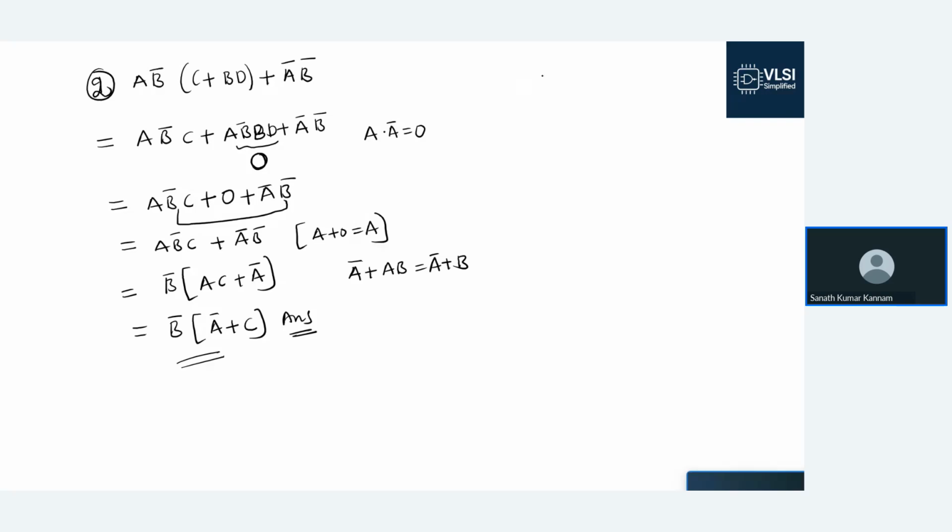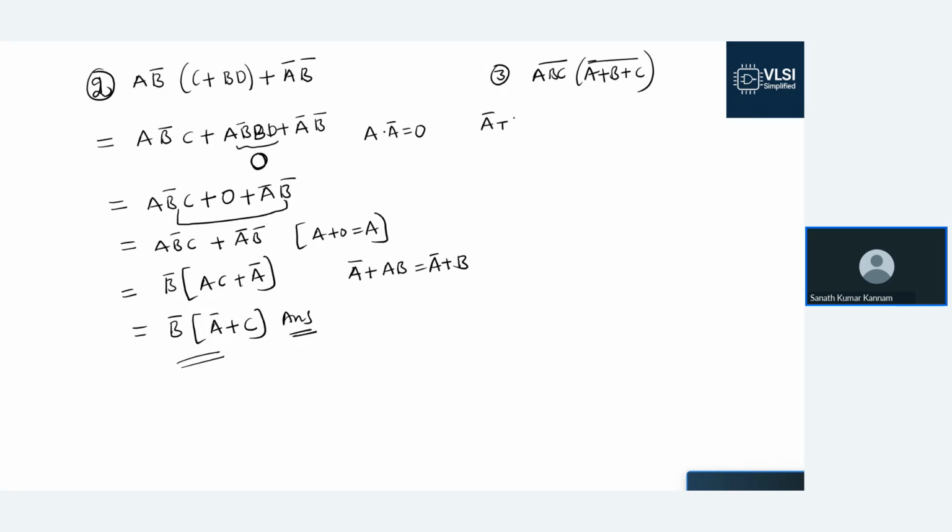Next, the third one we will see. A B C whole bar, A or B or C whole bar. So you need to apply the DeMorgan's law. So if you apply the DeMorgan's law, what you are getting?